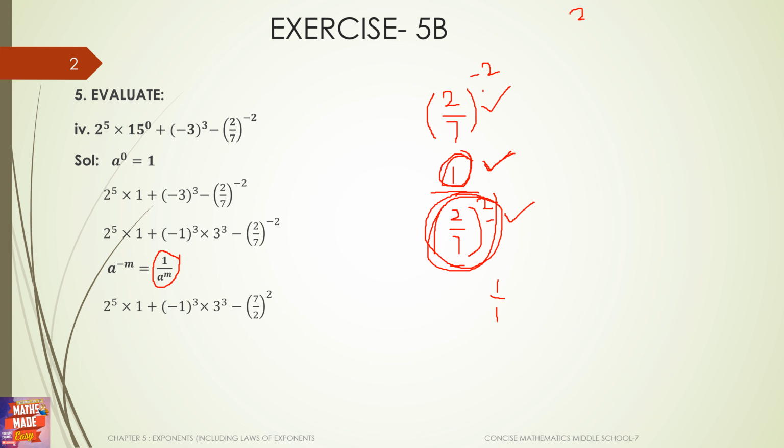For changing this 3 into fraction form, how can you change it? In the denominator, you have to place 1, not in the numerator. Both are 1 and equal and having the same value. Just remember this, children. So it becomes 7 by 2 whole to the power of 2.